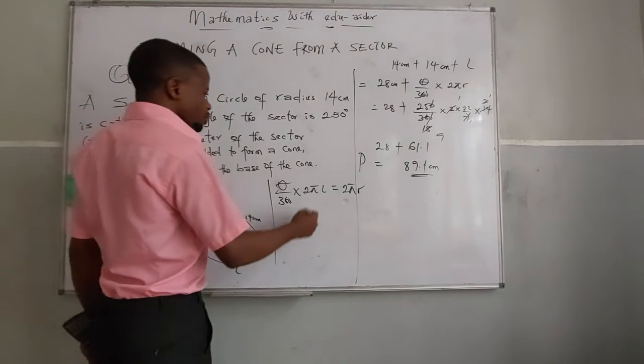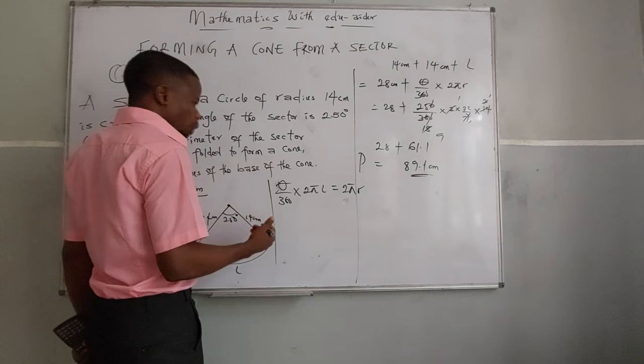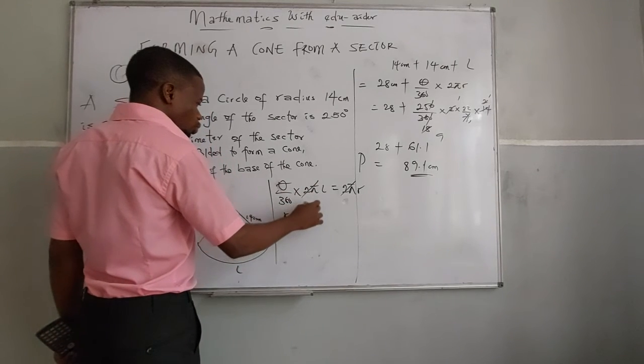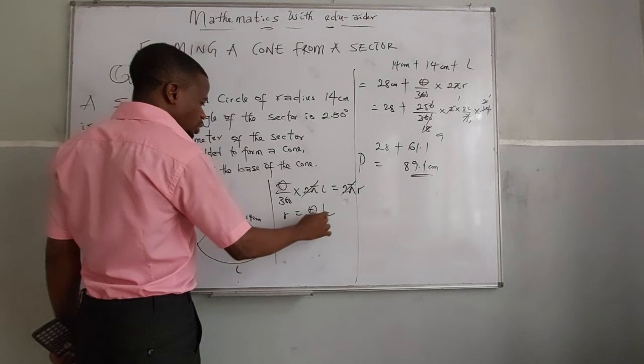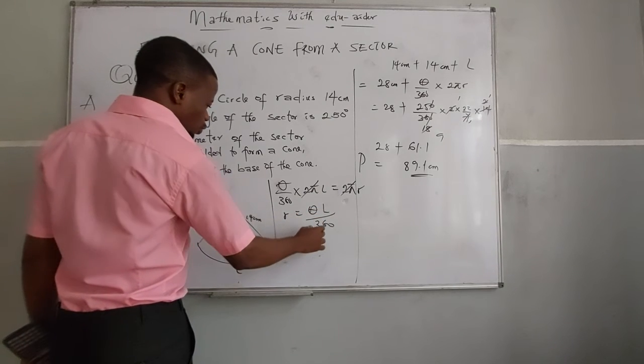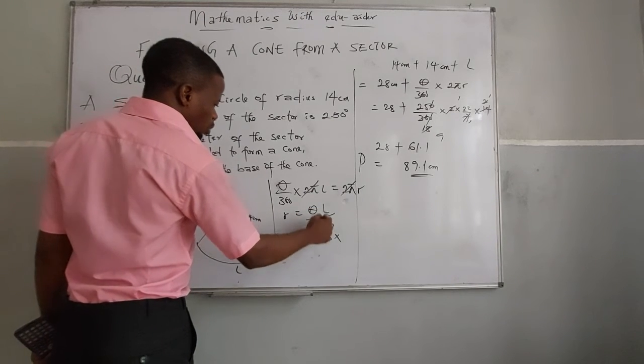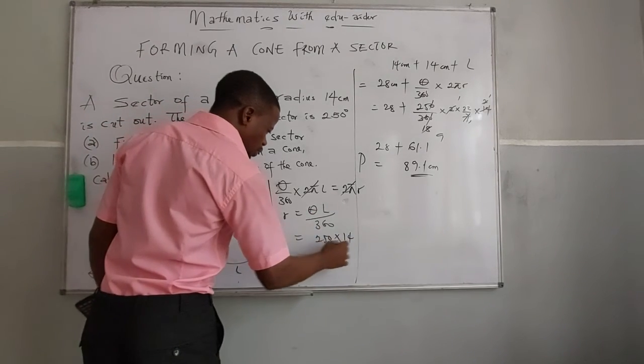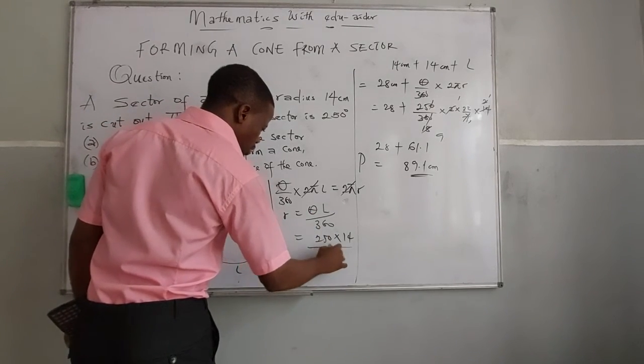So what do we have? We are looking for our r. 2 pi cancels 2 pi. So r should be equal to theta L upon 360. What is our theta? 250. Times, what is our L? This is our L, 14, the slant height. Divided by 360.